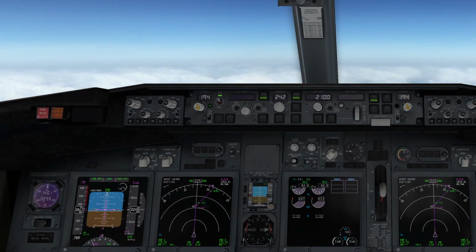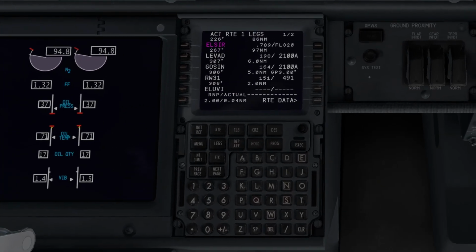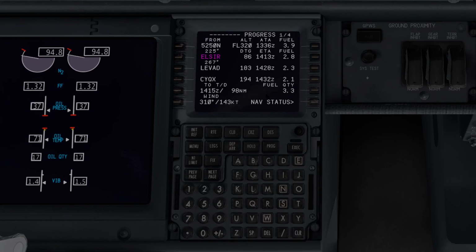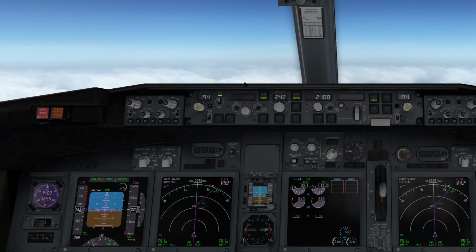Of course, we are still outside the range. We still have quite a few miles to go. 194. So runway heading will be 307. Both sides.